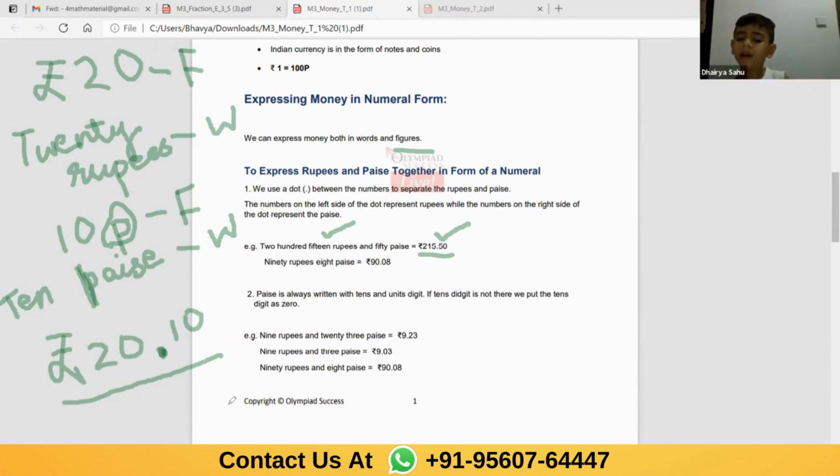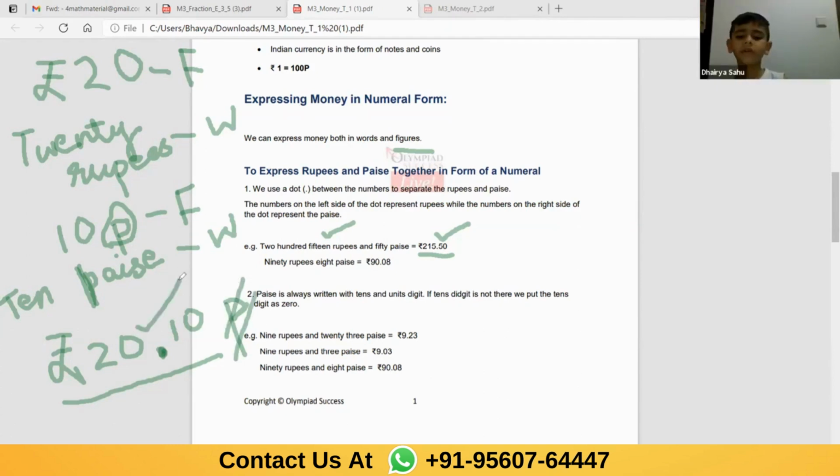Actually, in the writing form, after 20 rupees, do we need to write the dot? Dot means, okay, this is the figure form here. Dot is in place of that P. See, I used to write 10 paise like this. But now I am not using this P because I have to combine rupee and paise. So in place of this P, I'm using this dot.